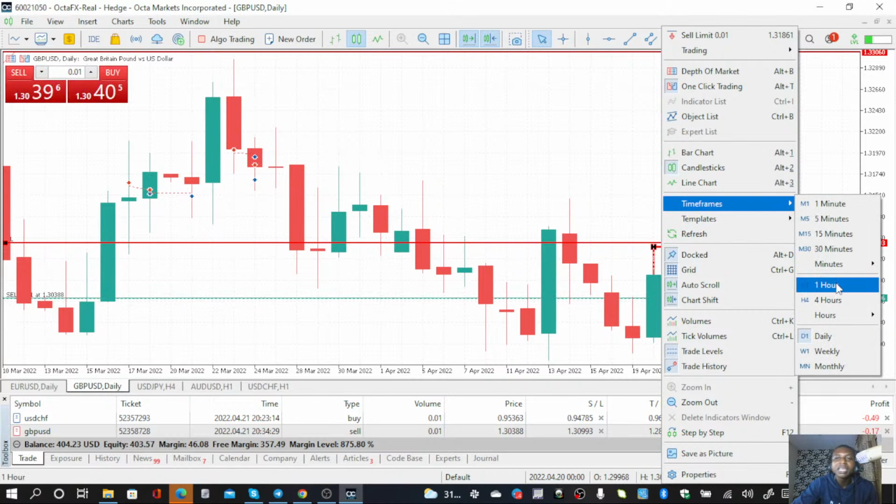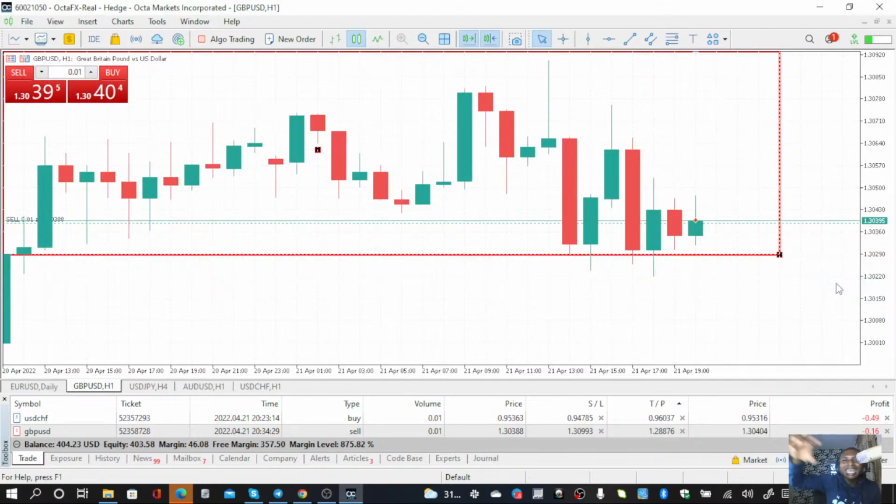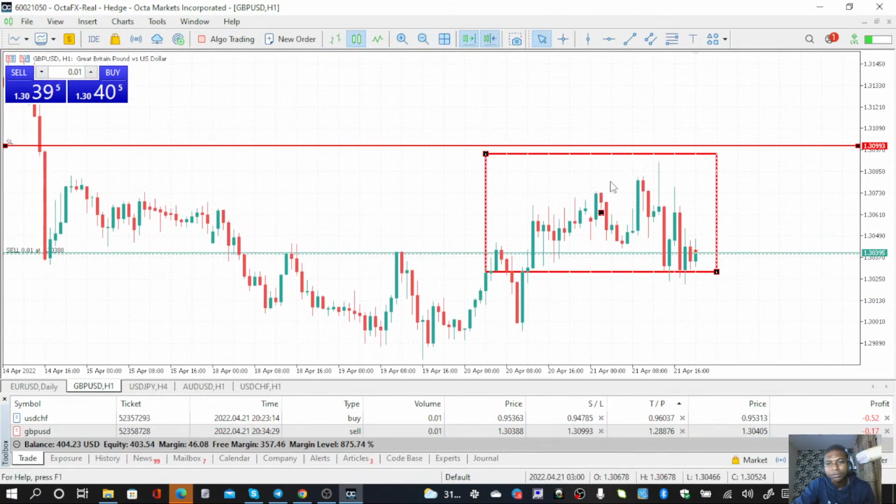So that's telling you a broader view to a clearer view. As you can see it here, you can see it clearly: a sell pressure to the downside. Obviously sell pressure.